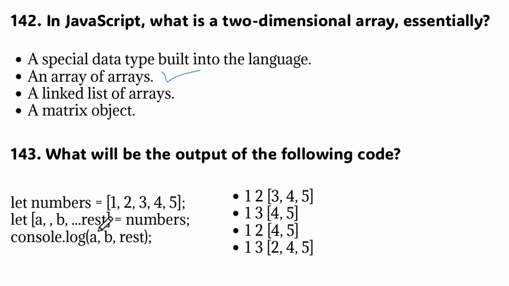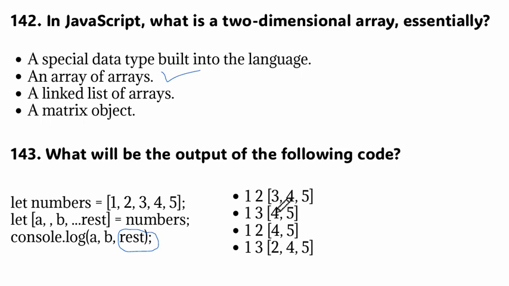The three dots and rest mean the remaining elements will come inside rest, which is equal to the numbers array, and inside the console.log we can see that there are 3 parts given, A, B and rest. So 1 will take place at A, 2 will take place at B, and the remaining 3, 4 and 5 will take place at rest.